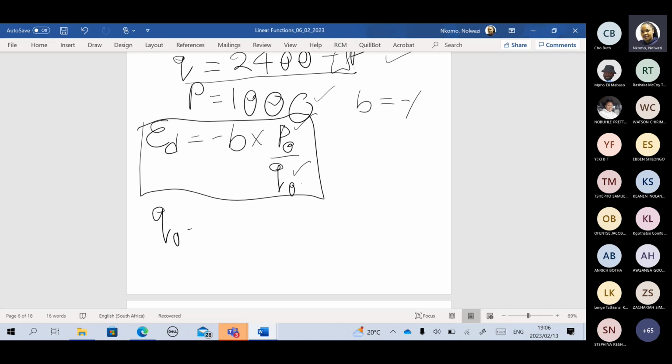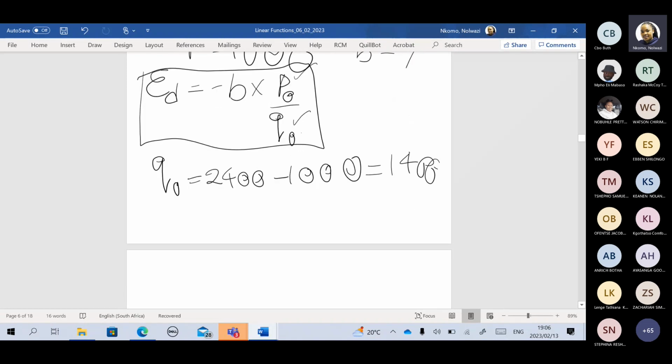So we have Q naught is equal to 2,400 minus 1,000. And if you punch this in your calculator, you should obtain 1,400. And this means we have P naught, Q naught equals 1,000, 1,400, right?